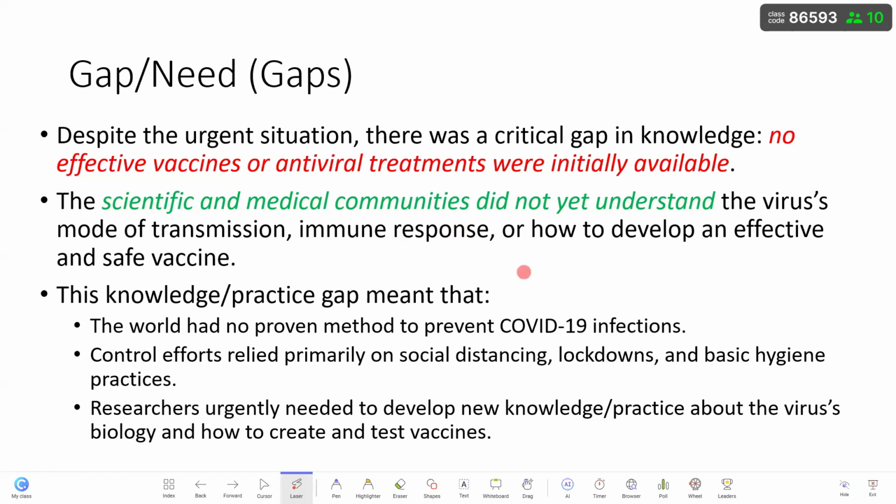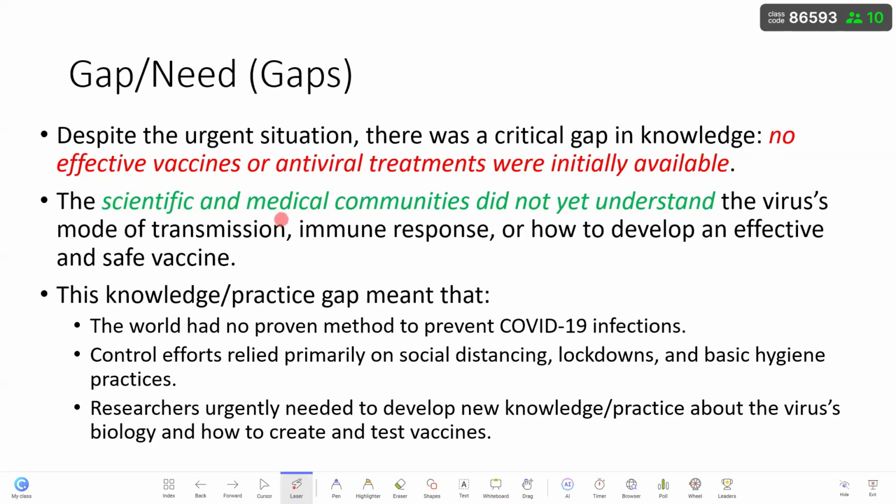A knowledge gap, and at the same time, a practice gap. For example, if you go through this: no effective vaccines or antiviral treatments were initially available. People found that there was no antiviral treatment and no vaccine, which means gaps in knowledge.